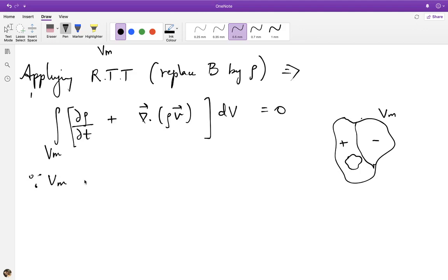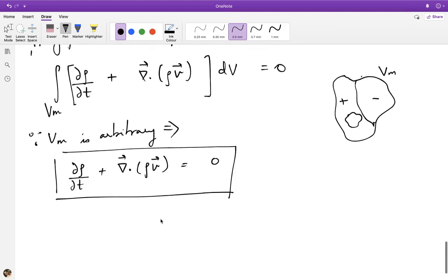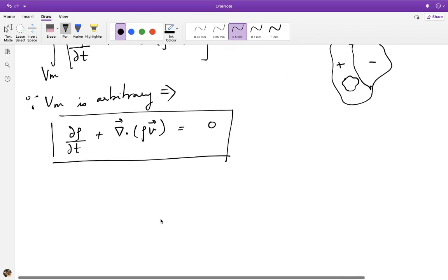So because Vm is arbitrary, I get the following pointwise PDE applicable at all points across my Eulerian space. So you see, this gives us an equation in terms of the density field and the Eulerian velocity field specified on a fixed grid, on the fixed spatial coordinate system.